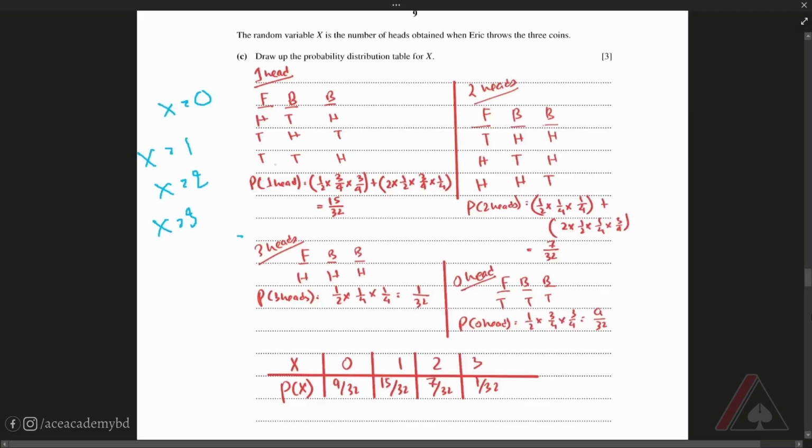So for 0, all of them would have to be tail, right? So this is the probability of the fair die being a tail. We multiply it with the probability that the 2 biased dice would be tails, and we get 9 by 32. So for 0, we get 9 by 32.